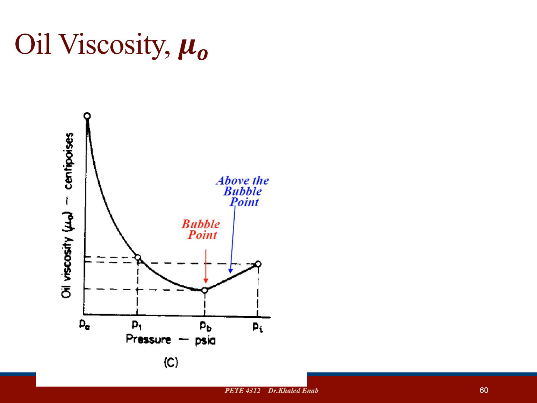When we talk about water, there are 2 main characteristics we have to consider. The first is the volume of gas dissolved in the water. It's not much, and most of the time we ignore it, but there is an amount of gas dissolved in water. Second is the viscosity of water, which will change with pressure and temperature, same as the oil.